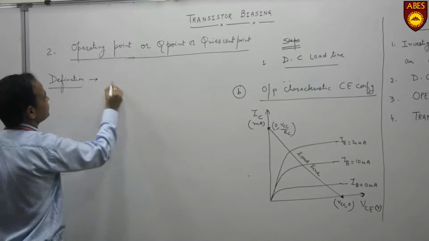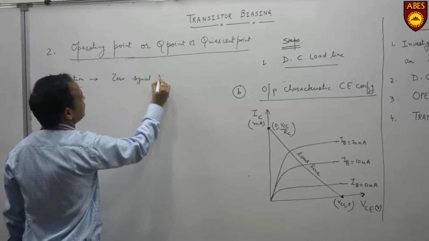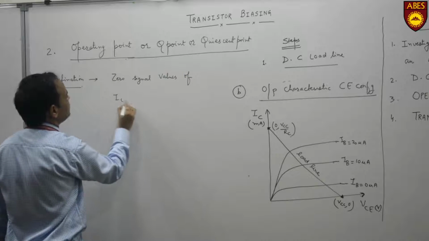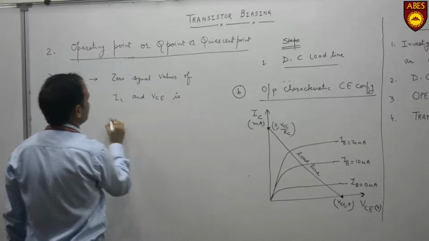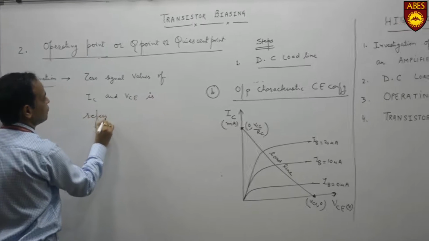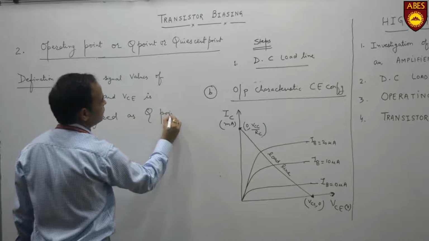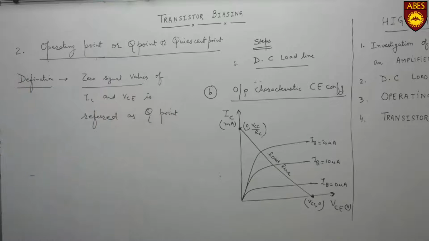Definition: the zero signal values of IC and VCE are referred to as the Q point. By zero signal values, I mean that we are now operating under DC equivalent circuit conditions.